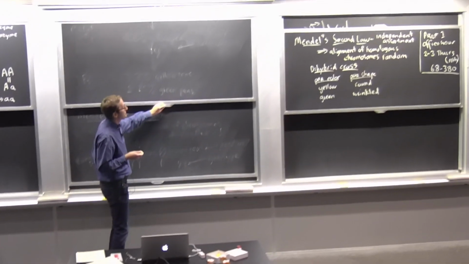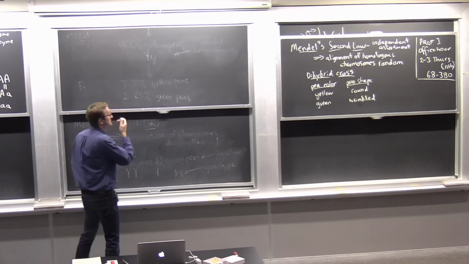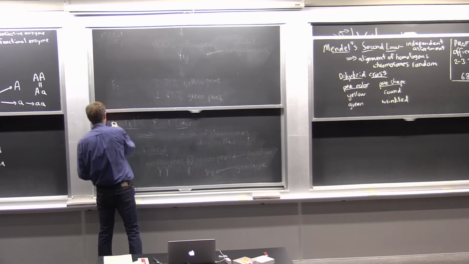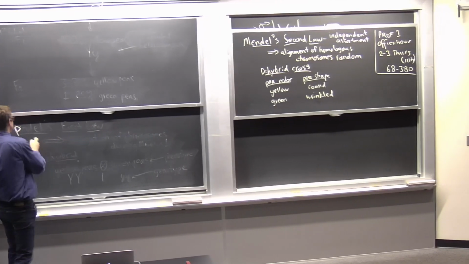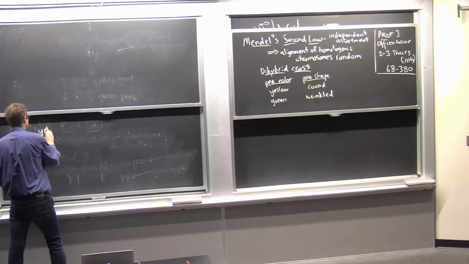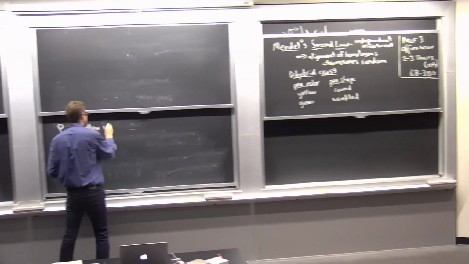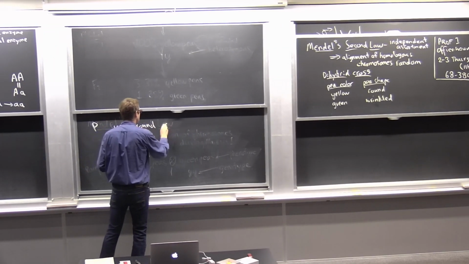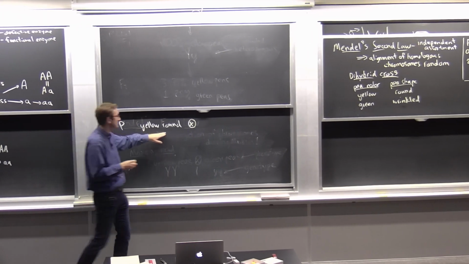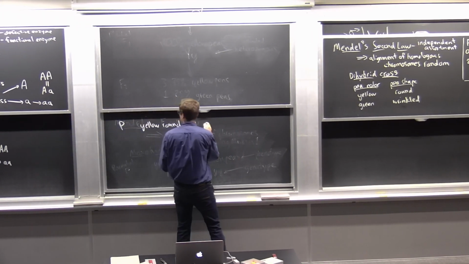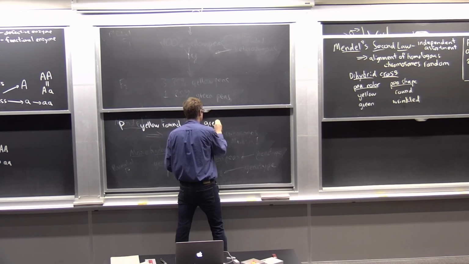So let's go through now this cross. We're going to have a parental cross where Mendel took two pure breeding lines. One of them has yellow round peas, and he crossed the plant from a yellow round pea with a plant that was derived from a green wrinkled pea.